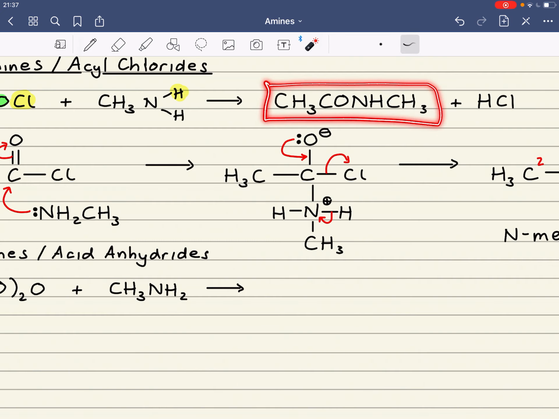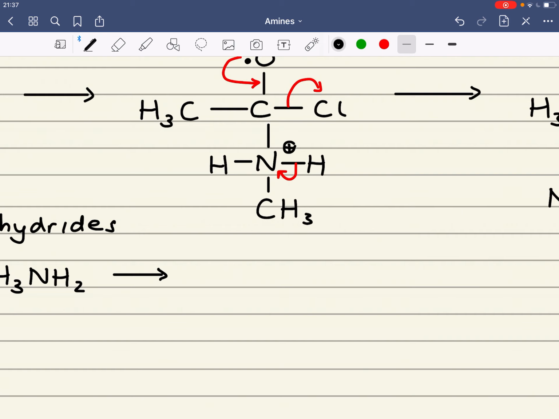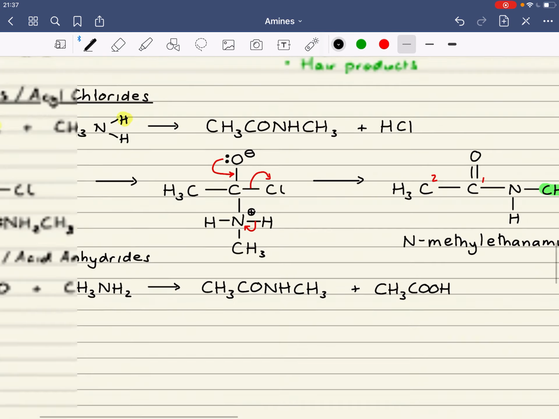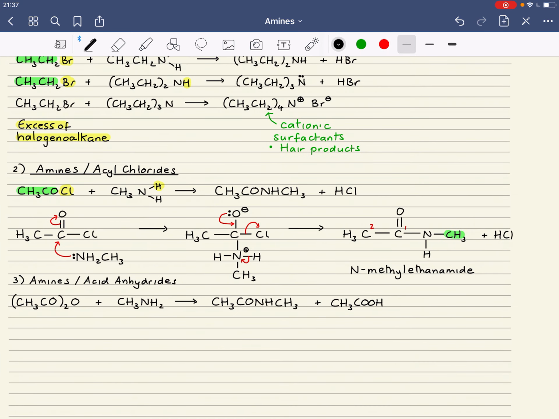So this is also formed in this reaction. We get N-methylethanamide. But instead of HCl being my other product, I get ethanoic acid. So when anhydrides react with primary amines, we always get an N-substituted amide and a carboxylic acid.